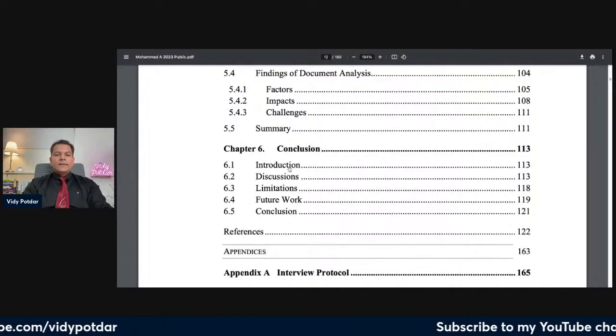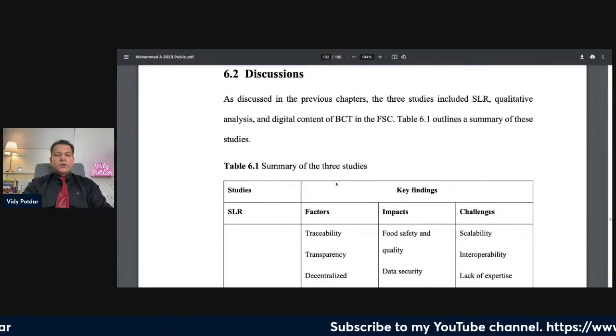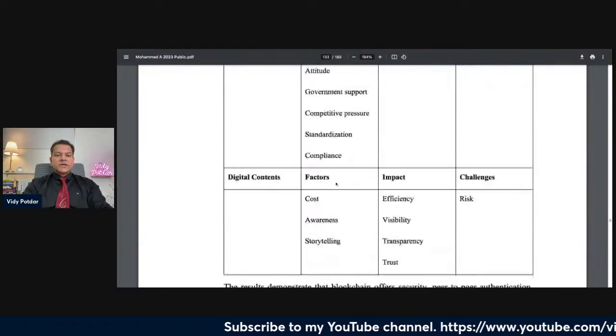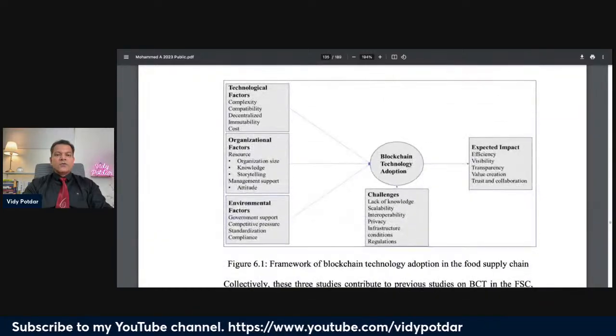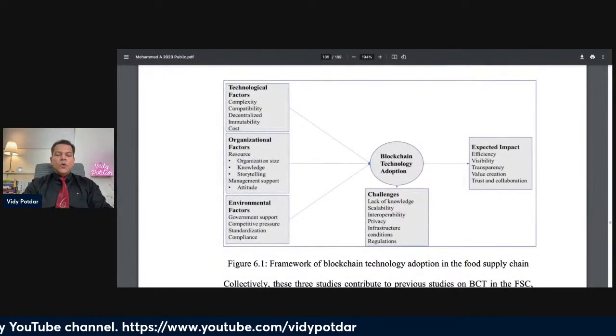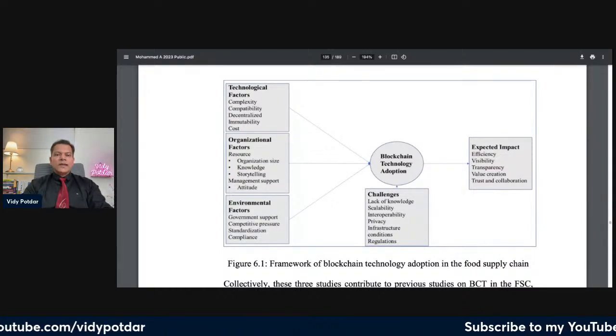Okay, and then see, if you look at the conclusion, the discussion gives you an idea of what does the research mean, what can you really gather from this research.